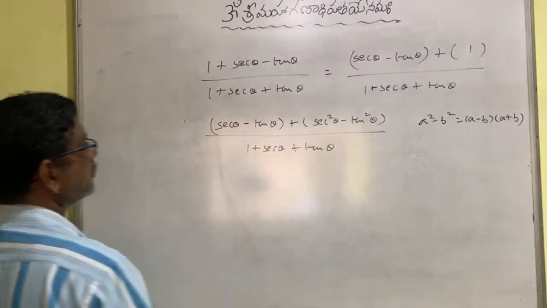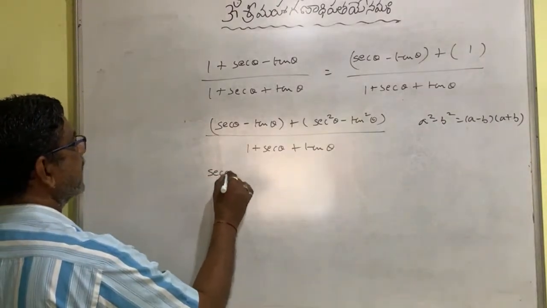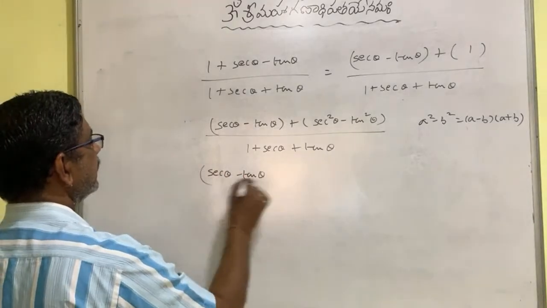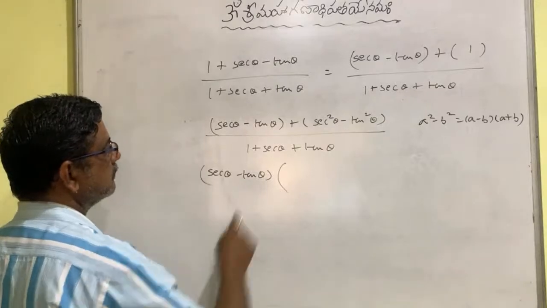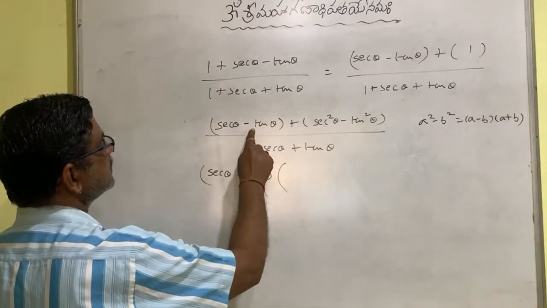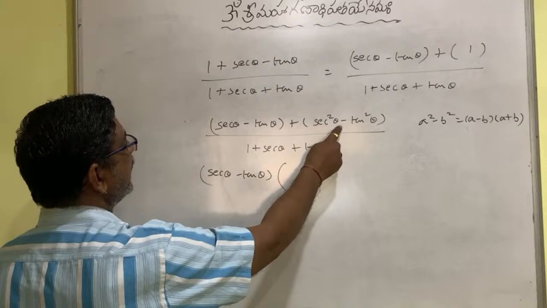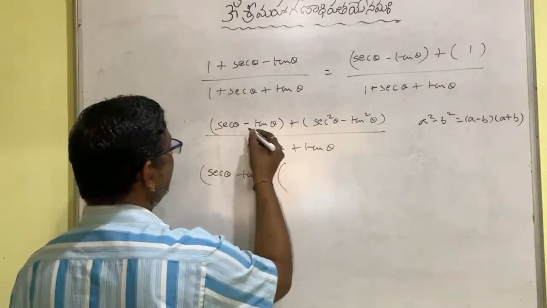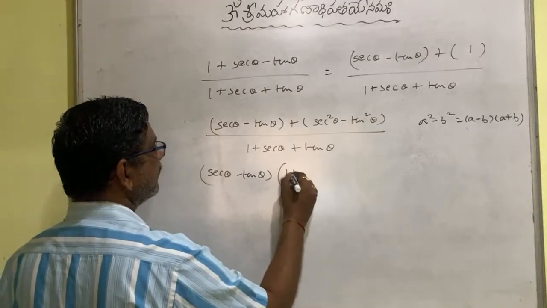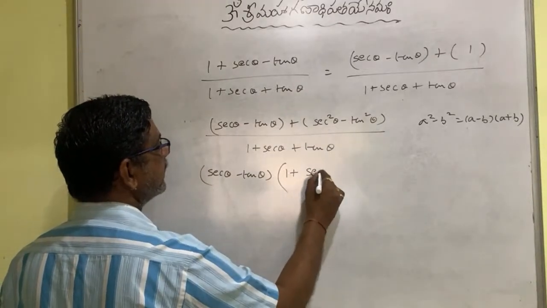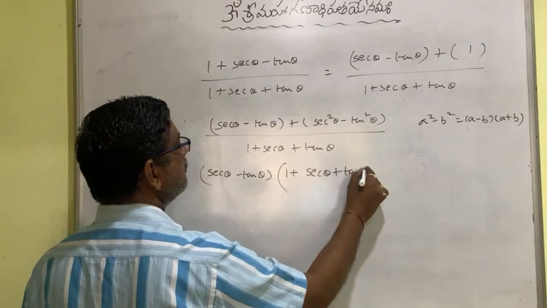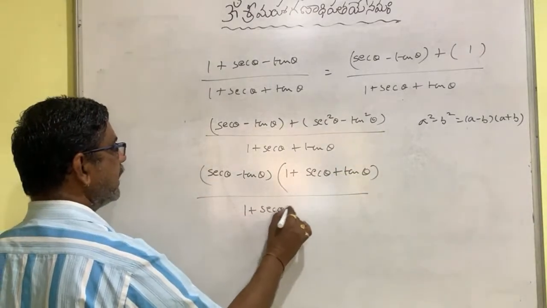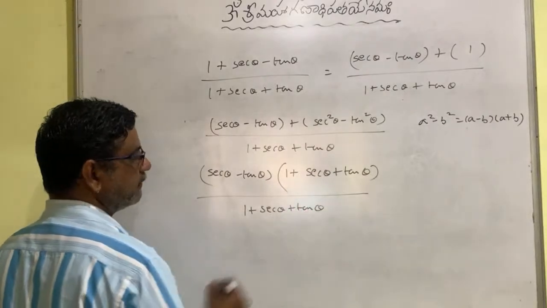Okay, so I can take a minus b common, na? A minus b common in total. Here a minus b, and this one is a plus b into a minus b. So I can take a minus b common. What is remaining? 1 over here and here a plus b, a plus b by 1 plus secant theta plus tan theta.